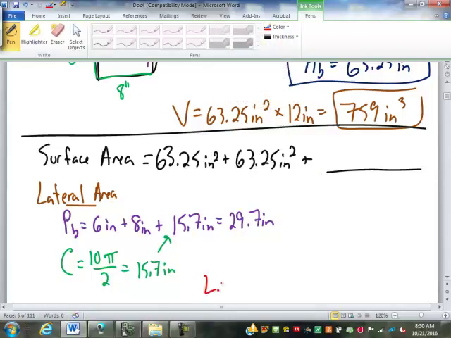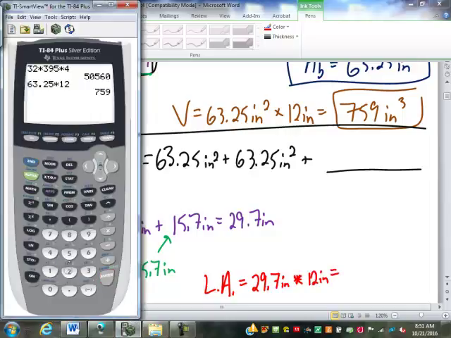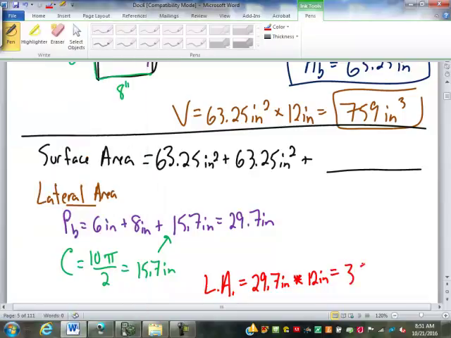Which means I can find my lateral area is 29.7 inches times the 12-inch height, which is 356.4 inches squared. That goes up here.